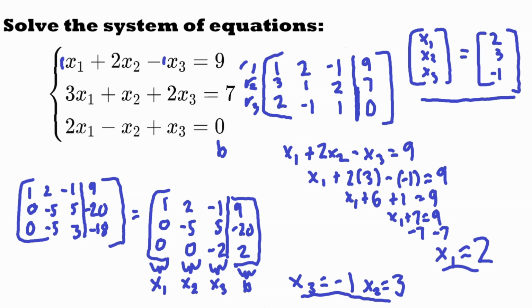Yes, that is correct. The second one, 3 times 2 is 6, plus 3, 9, minus 2 is 7, correct. And then 2 times 2 is 4, minus x2 is 3, so it's 1, plus negative 1 is 0. So yes, plugging these values in makes all of these equations true. So that means that we have found the correct answer, okay?